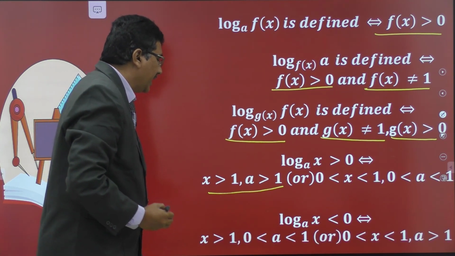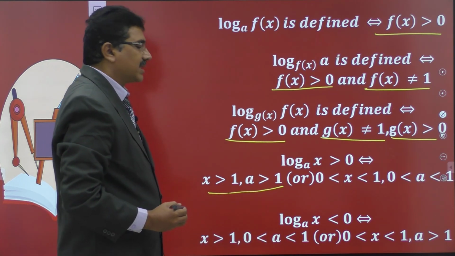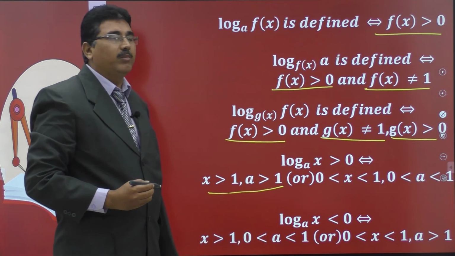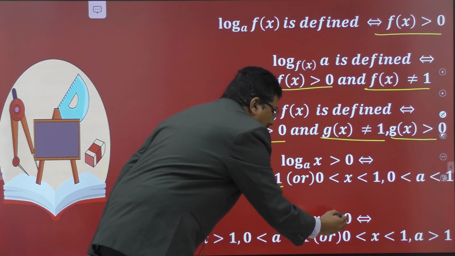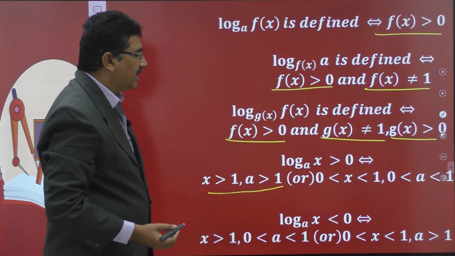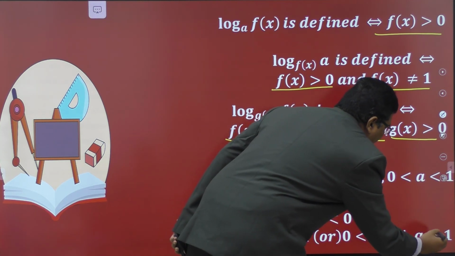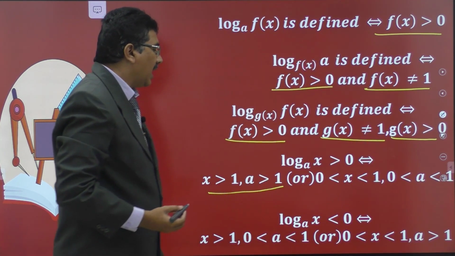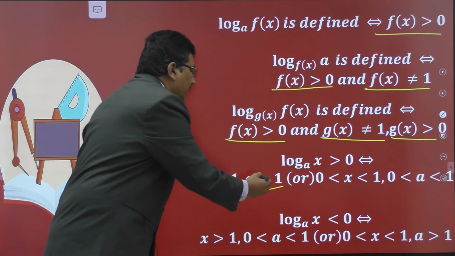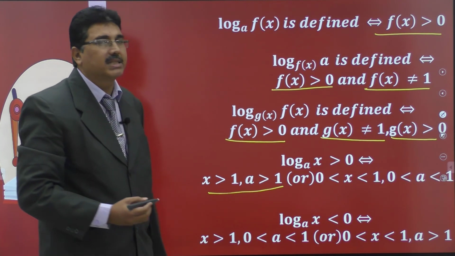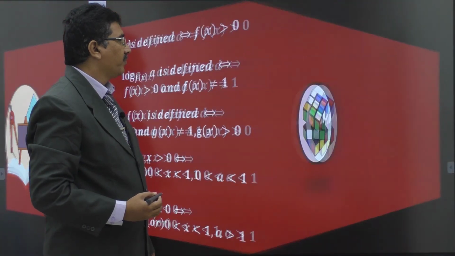Now if x greater than 1 and a lies between 0 and 1, log x base a is less than 0, or if x lies between 0 and 1 and a greater than 1, then log x base a is less than 0. These two are very important conditions for finding the domain of a function. Thank you.